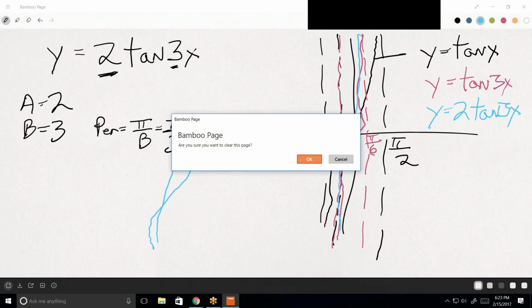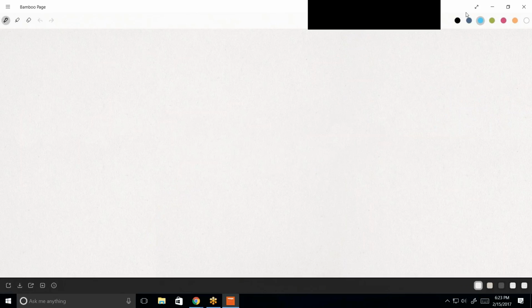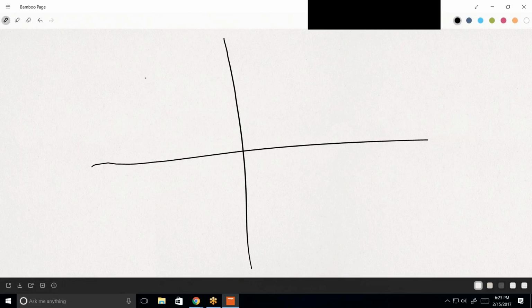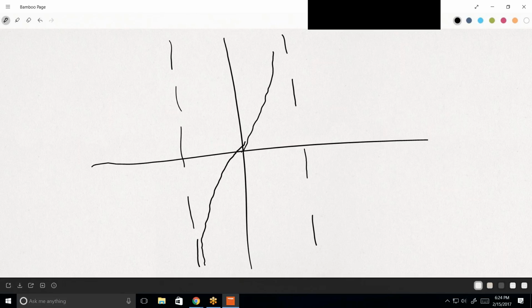One thing they don't draw on the tangent curve is this point, which I always have found peculiar. In other words, this is just the tangent curve. It's supposed to go through 0, heads up towards infinity.